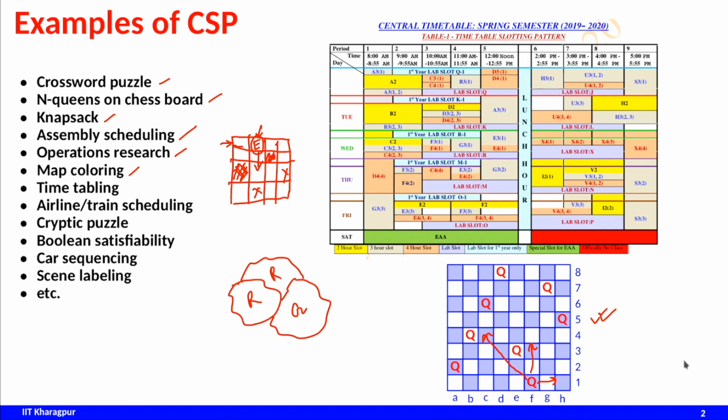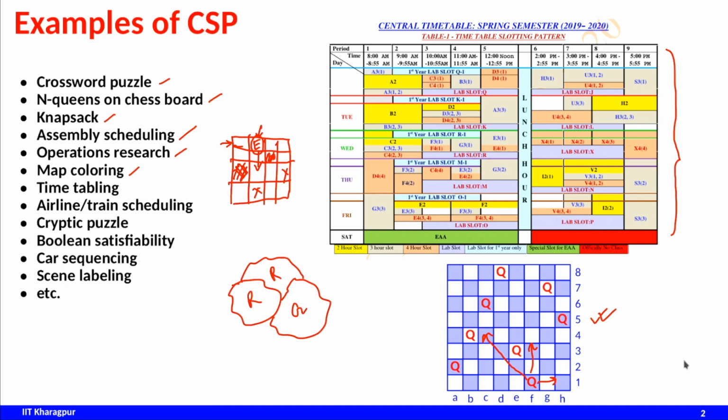Timetabling is another problem, like for an academic institute, it has to prepare a timetable with a student, a course, a room, and a slot. You have to specify, because at a point of time a student should not be attending two courses, which is not possible.